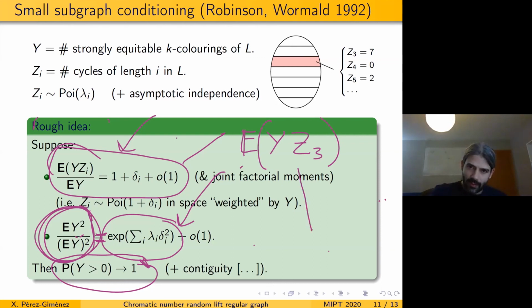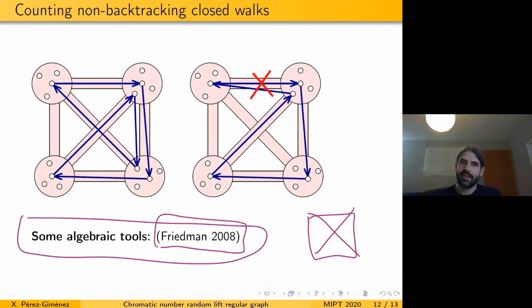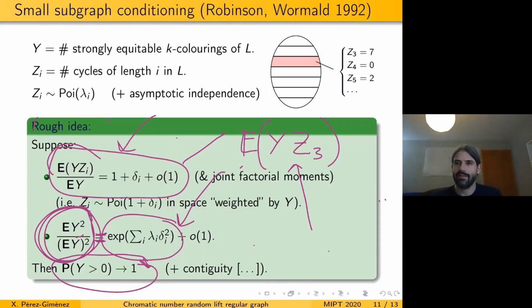And to do this computation, you need to understand how many triangles there are in your random lift. And to understand that, you need to understand the non-backtracking walks in the base graph.